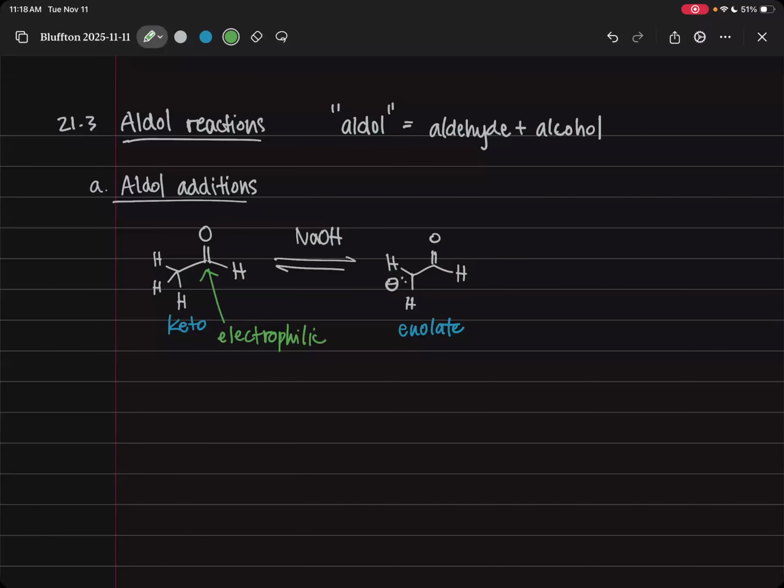The enolate, well, we know that has a resonance structure, and so it's not going to be electrophilic at that carbon because it's not actually electron poor. But instead, the enolate is nucleophilic, and it's nucleophilic at the carbanion, the C minus, the lone pair.